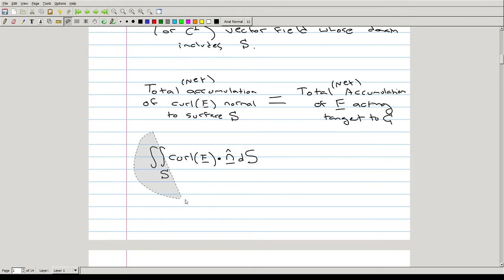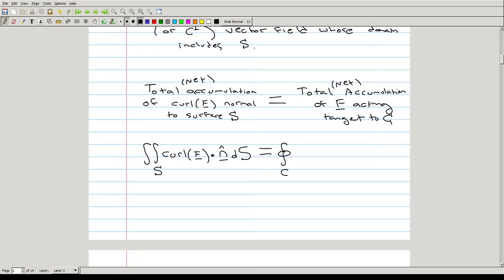This is the total accumulation of the curl of F normal to the surface S. This is exactly equal to the integral over the boundary, the circulation integral over the boundary of the vector field F, which is the line integral of F dot dr.